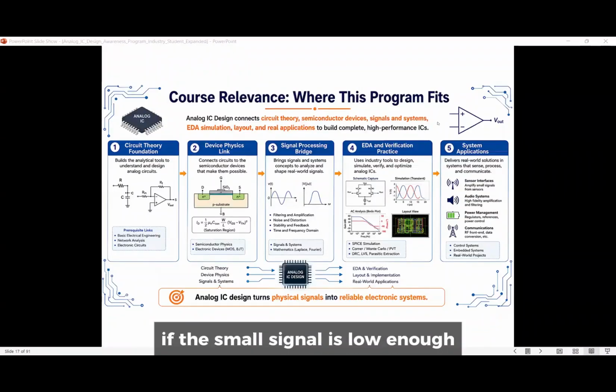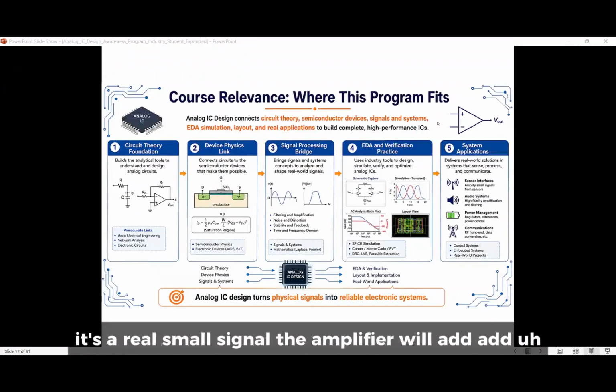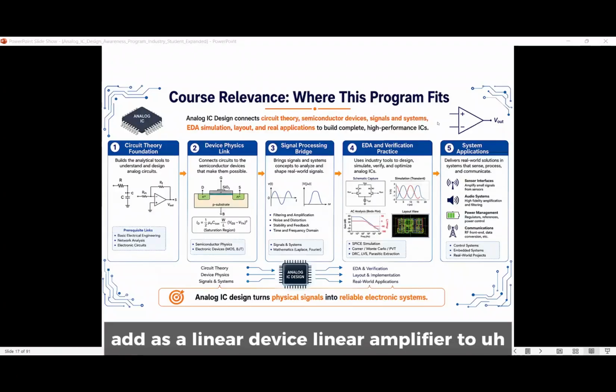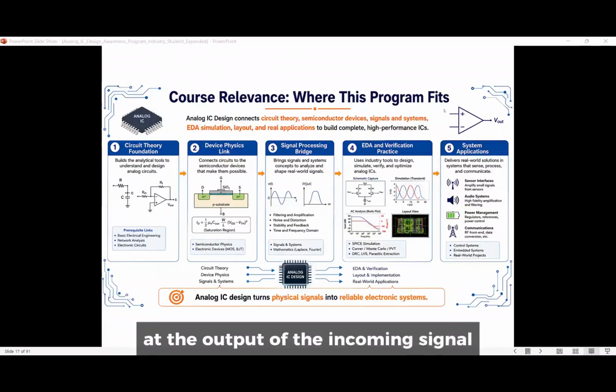If the signal is low enough, which means for the amplifier it's a really small signal, the amplifier will act as a linear device, a linear amplifier, to amplify the incoming signal. But if the input voltage goes higher, the amplifier, as we have mentioned, will become a nonlinear device. It will generate harmonics at the output of the incoming signal.